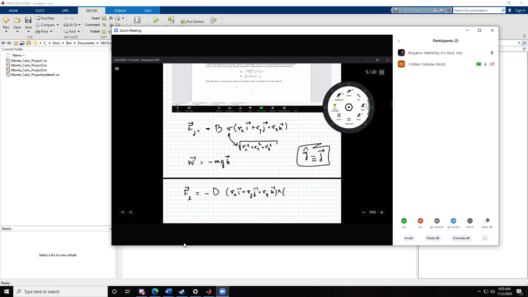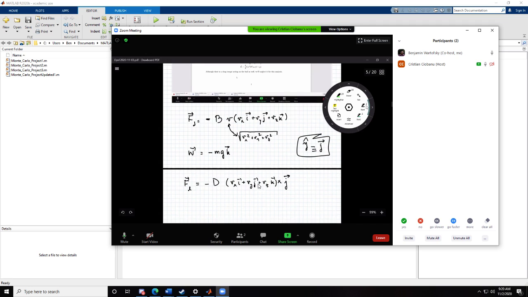So it's just j, we're crossing it. MATLAB is capable of doing these kinds of calculations. So i cross j is k, so Vx k; j cross j is 0; and then k cross j is minus i.